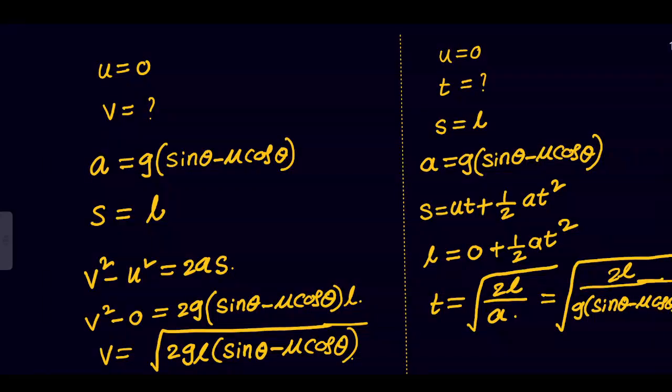So we will conclude this point here. Do remember, whenever the body is sliding down on a rough inclined plane, which means friction is present, you need to remember what the acceleration will be.